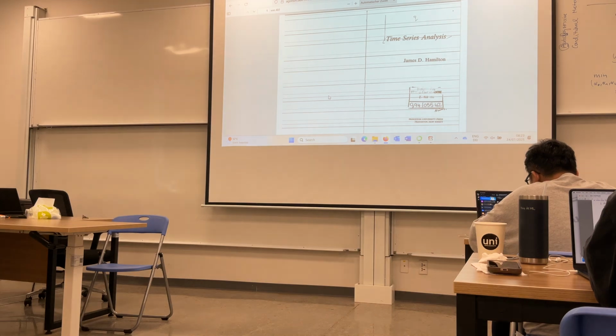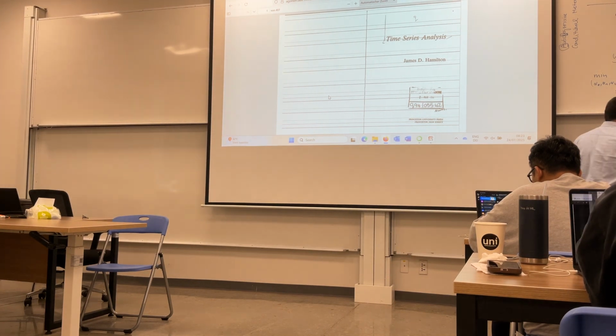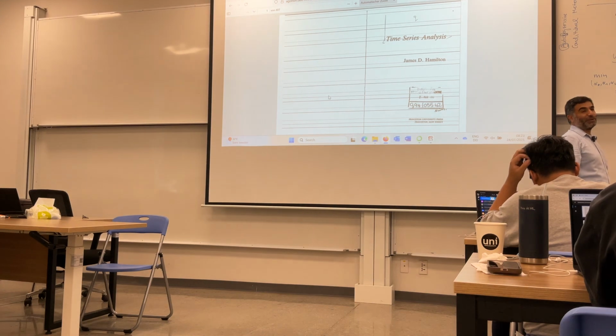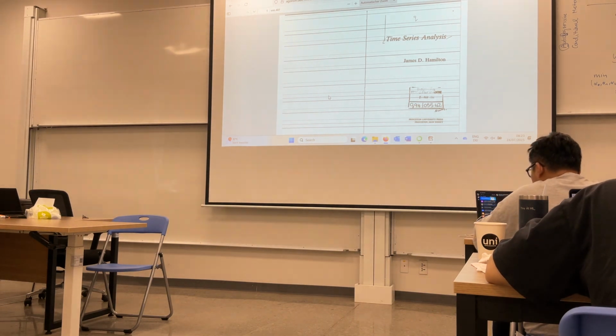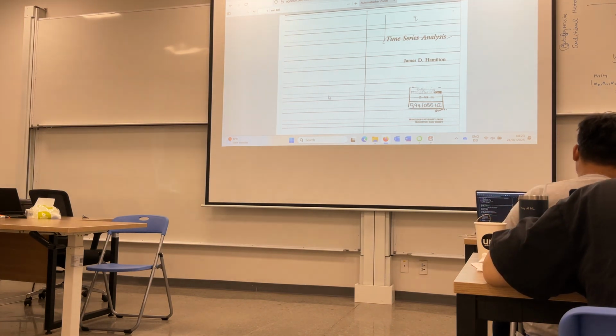Say we have phi 1, phi 2, it looks like this. If you have seen the book, then you should have seen that. This is the region, and if phi 1 and phi 2 are in here, bounded by a quadratic function and so on, then the process will be weakly stationary.